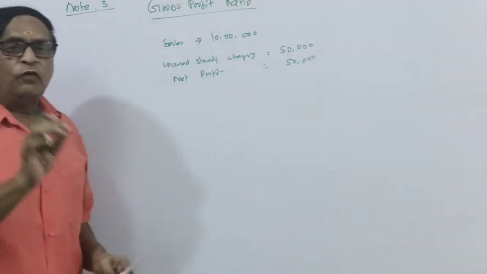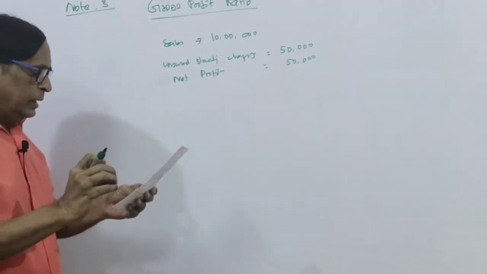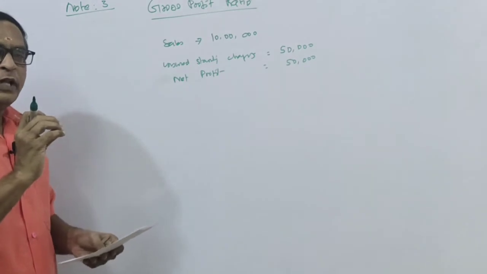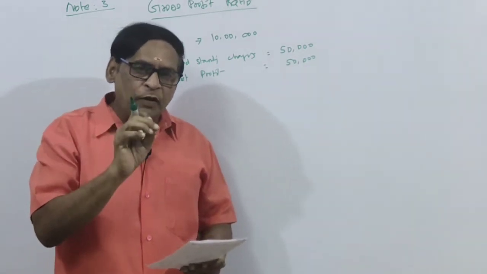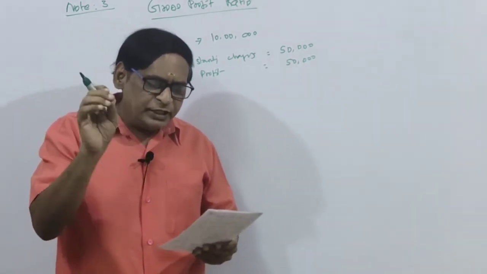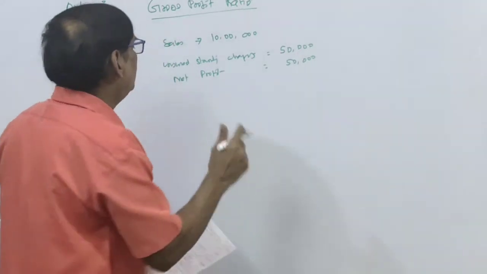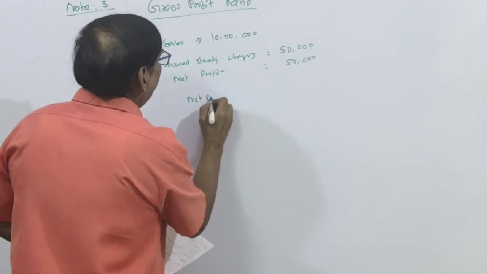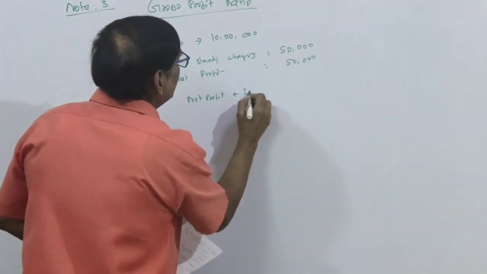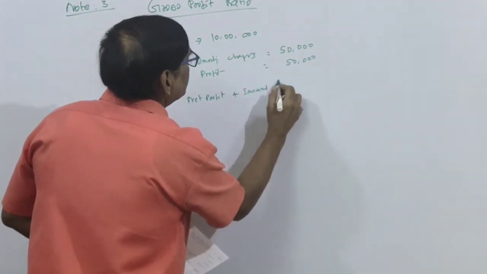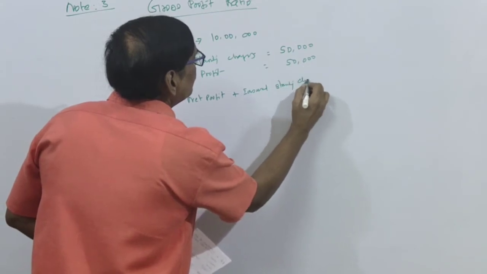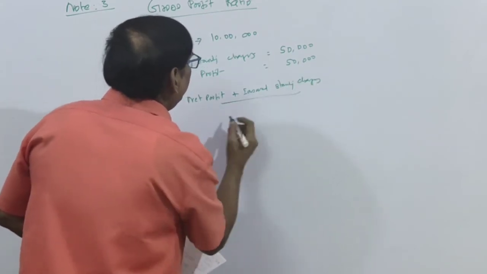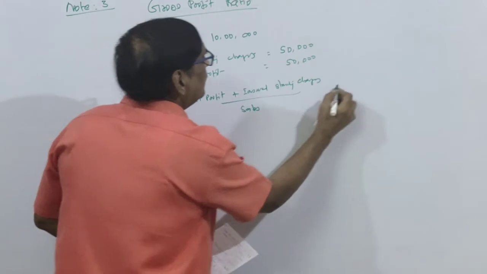So here one formula we have to use to find out the gross profit ratio: net profit plus insured standing charges divided by sales into 100.